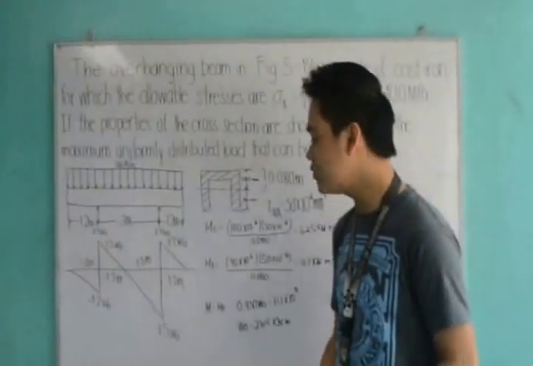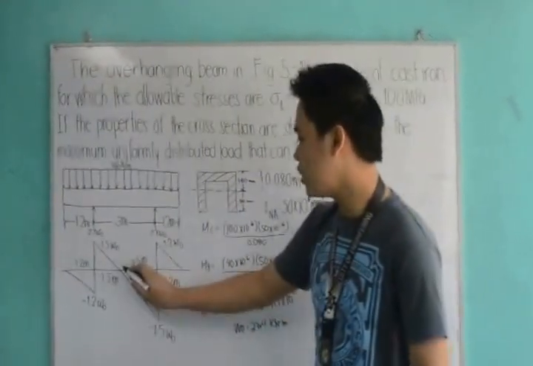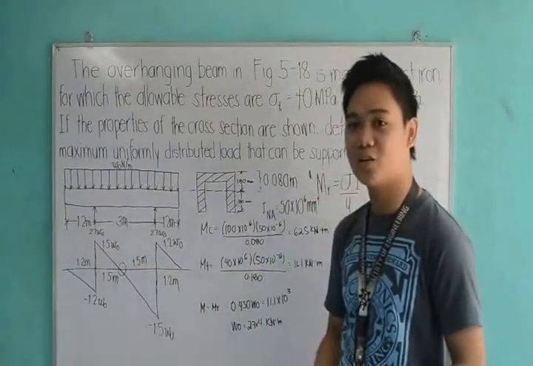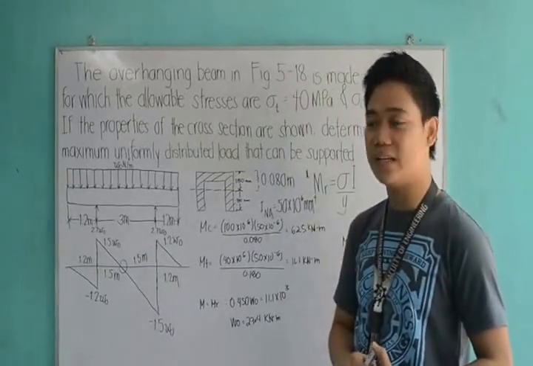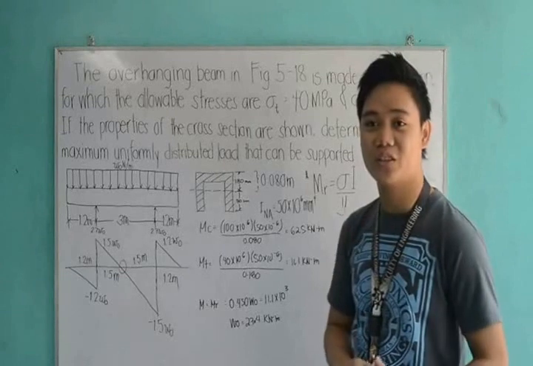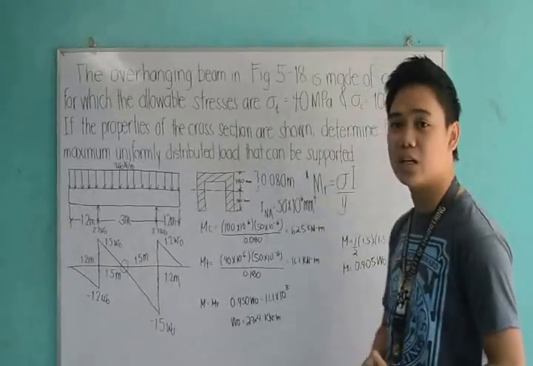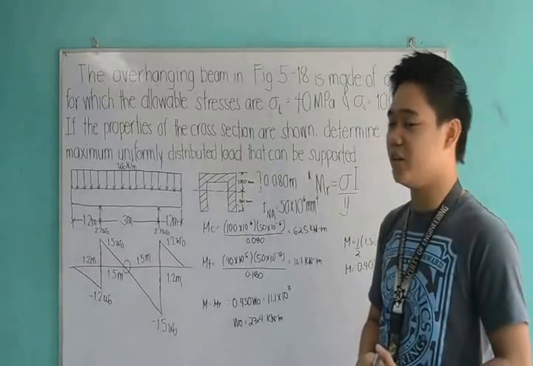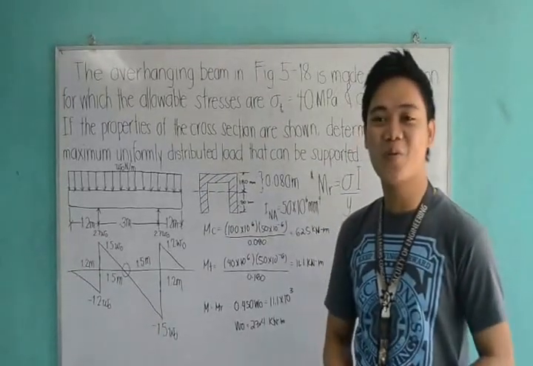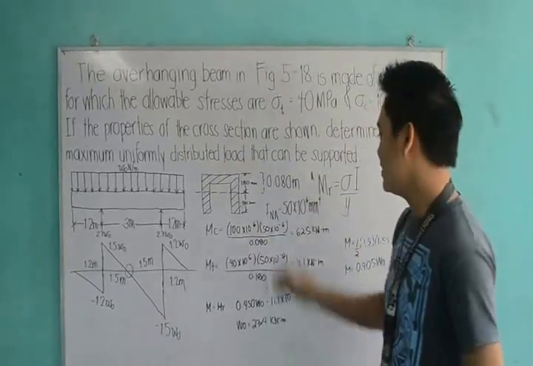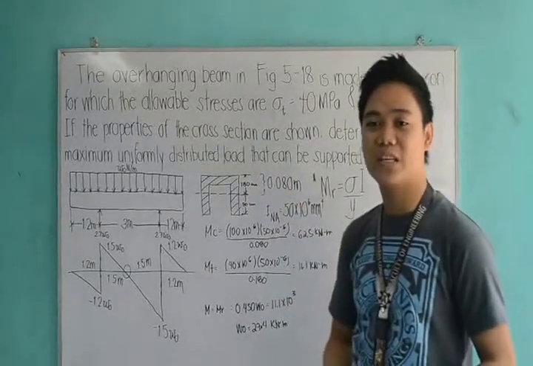From the shear diagram, we've seen that the second point of zero shear was at 2.7 meters. Although the moment was lower than at x equals 1.2 meters, the curvature is reversed and is concave upward, placing the upper fibers in compression and the lower fibers in tension.